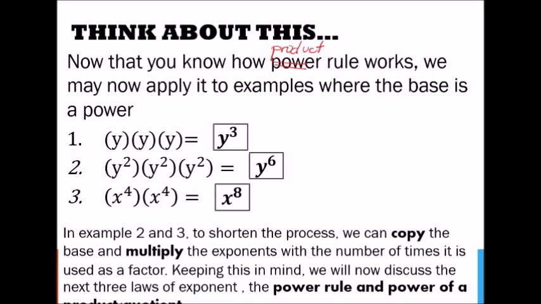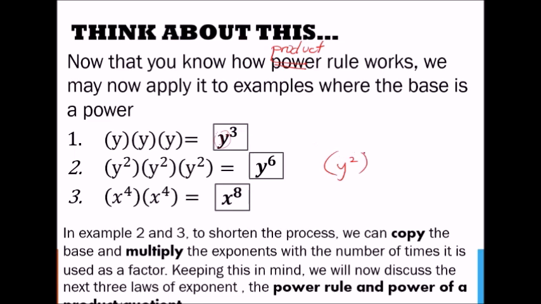So, in examples 2 and 3, to shorten the process, we can copy the base and multiply the exponent with the number of times it is used as a factor. For example, y squared, dahil tatlong beses siyang sinulat as a factor, pinalitan mo ng y squared ang base.